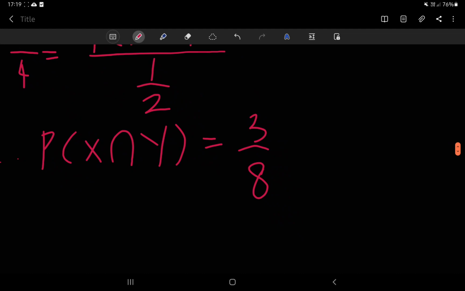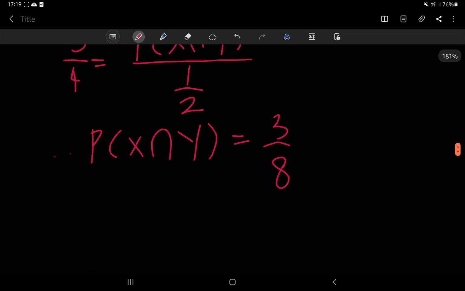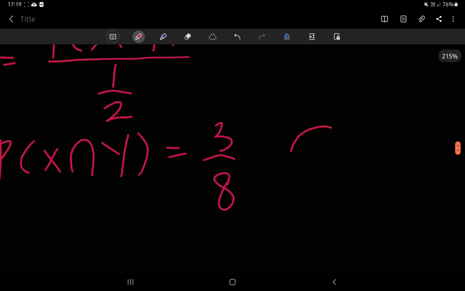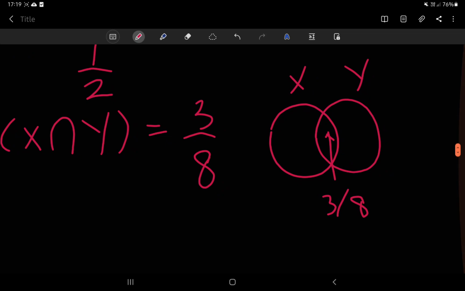This means that the events X and Y are not mutually exclusive, so they have an intersection in the middle. It's like this: this is X and Y, and the intersection in the middle has the probability of 3/8. This is the case for the not mutually exclusive event, so I shorten it to NMEE.